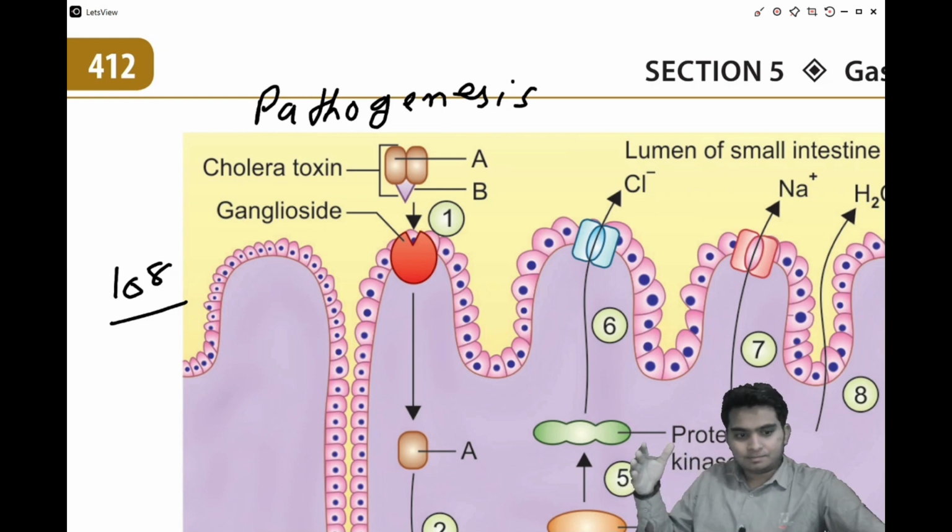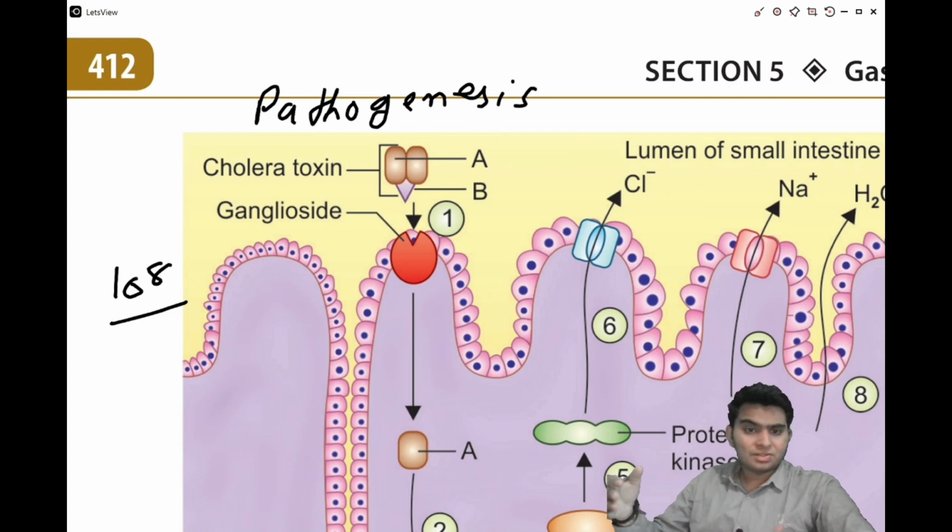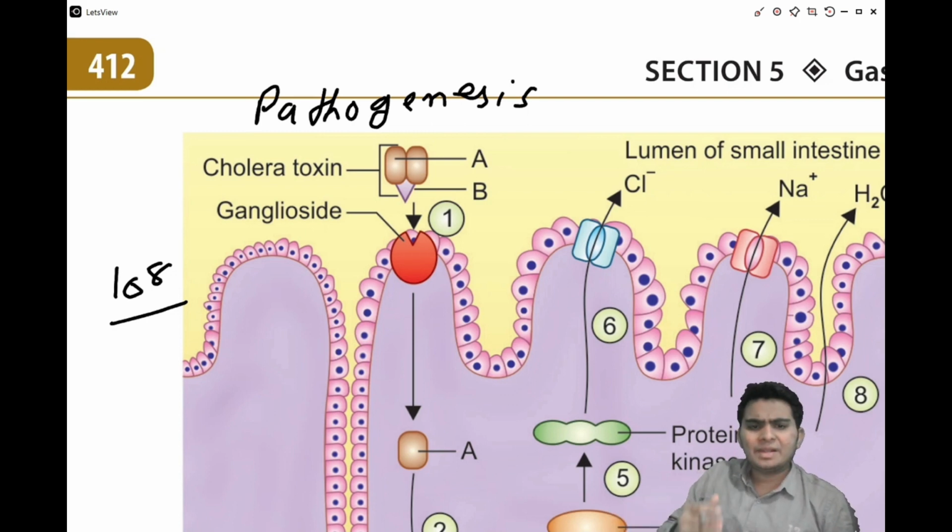Once it reaches the small intestine, it has to cross the protective layer of mucus and reach the epithelial cells. This is mainly achieved because of its highly active motility.